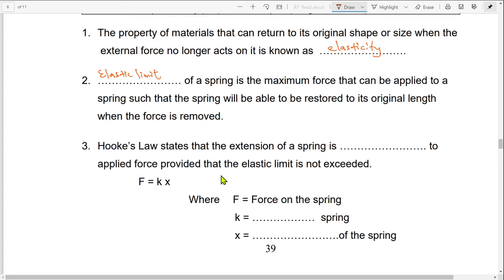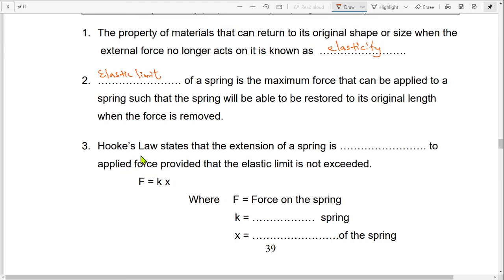So if you pull a spring with a force that does not exceed the elastic limit, then the spring will return to its original length. But if you exceed the elastic limit, the spring will not be able to return to its original length, because you go beyond the elastic limit.